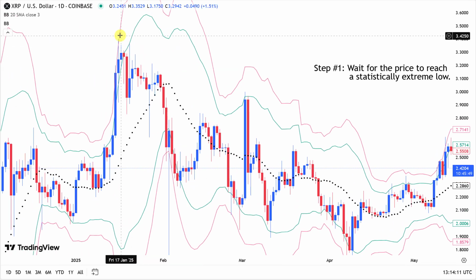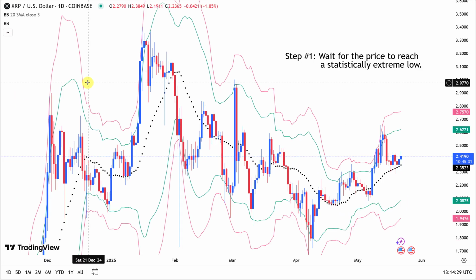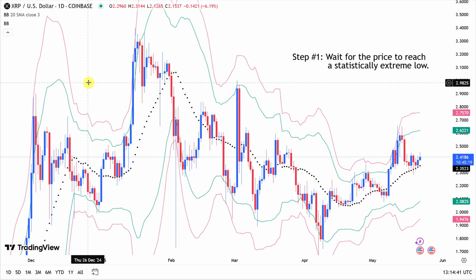So step number 2 would have been necessary to confirm that the price was actually reversing and coming down. But in this video, I want to emphasize how market prices oscillate between extremes.